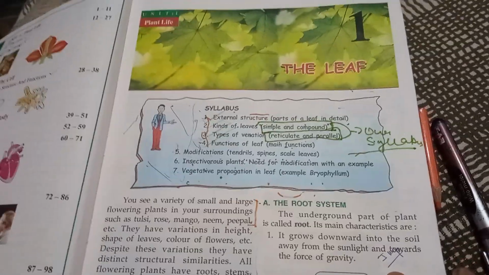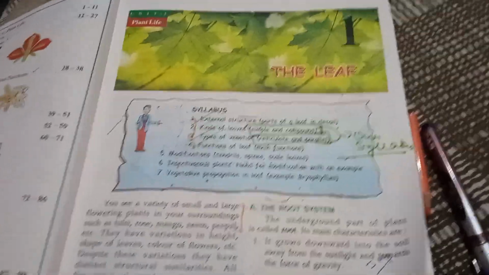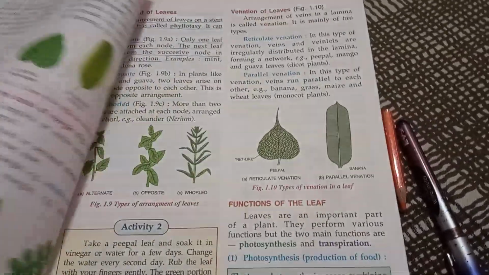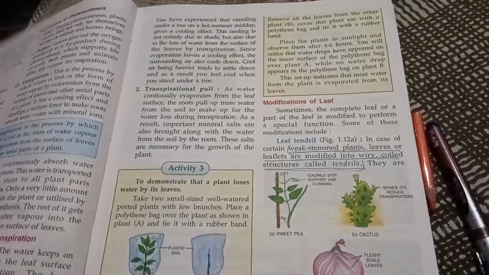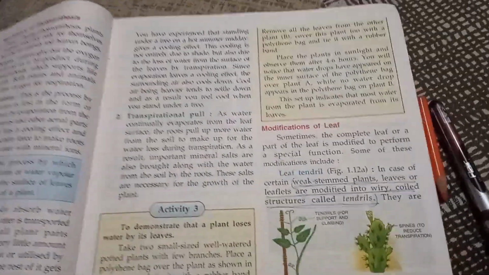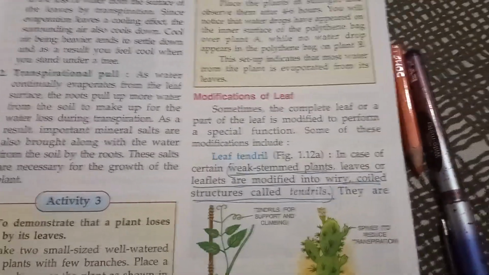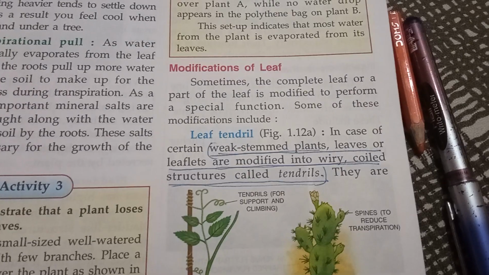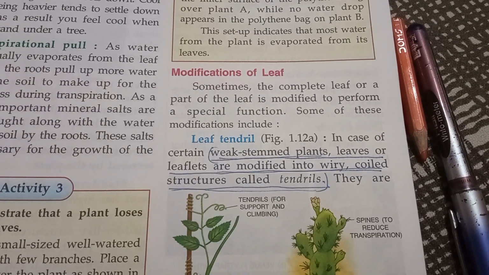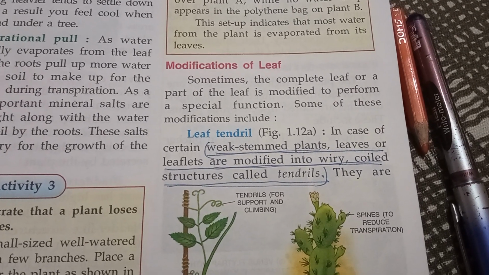So tomorrow, I guess, from today we are going to do modification of leaves. Here it is, so let's read that. Modifications of leaf. Sometimes the complete leaf or a part of the leaf is modified to perform a special function.